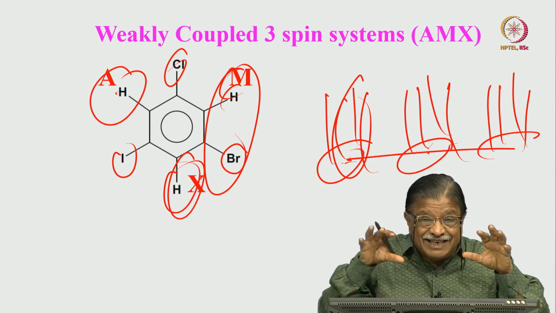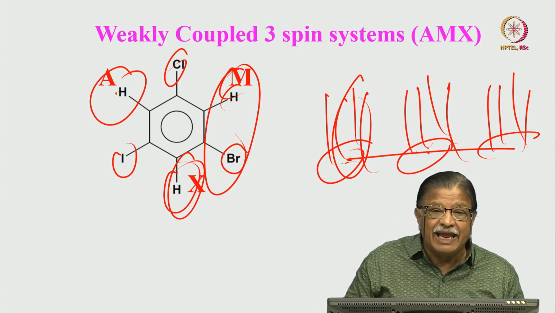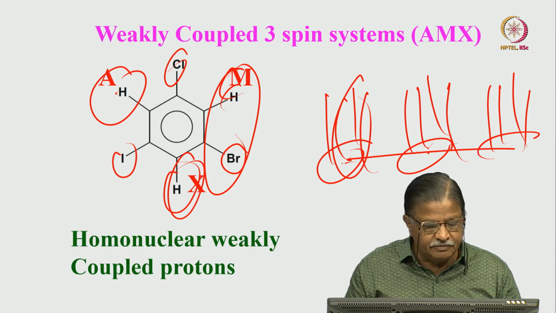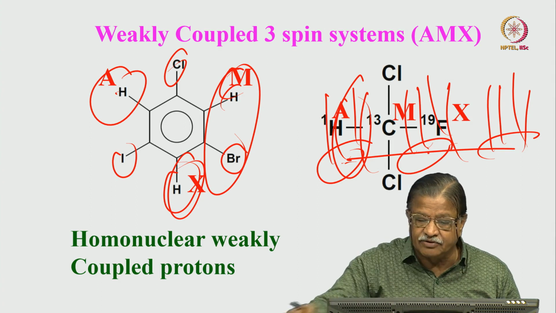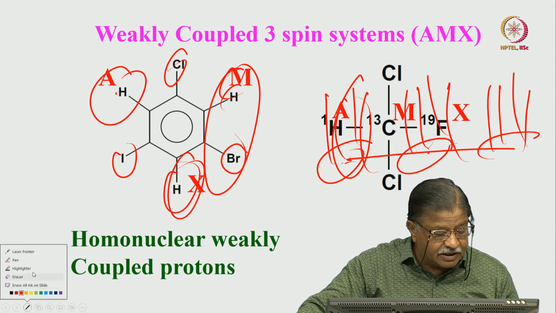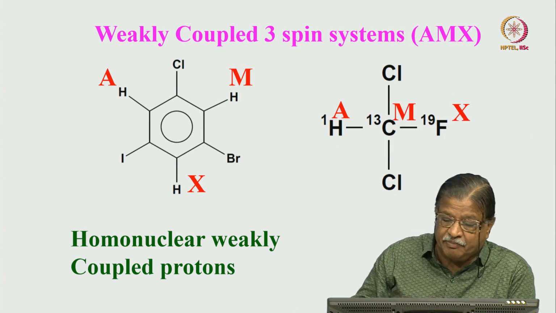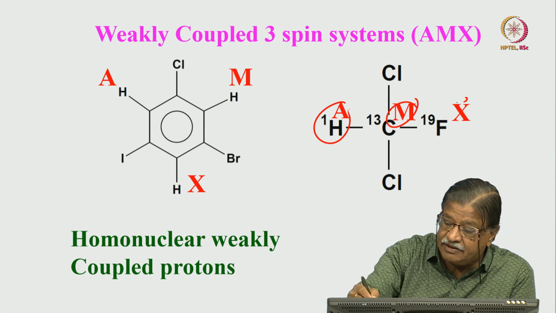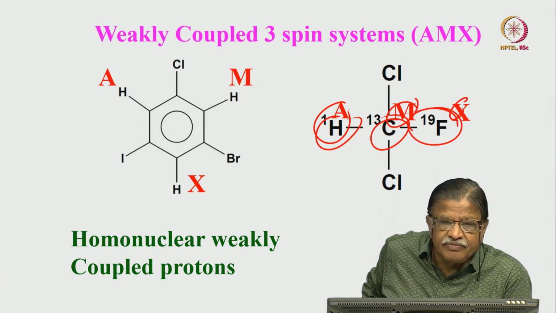In an example like this, in this molecule, these 3 protons form a weakly coupled AMX spin system, because they are 3 protons, a homonuclear weakly coupled spin system. This also, for example, in this case I have taken 3 examples, 3 nuclei coupled among themselves, A, M and X. A is proton, M is carbon, X is fluorine.